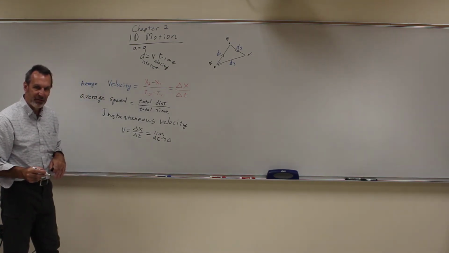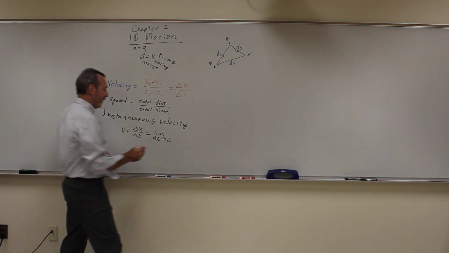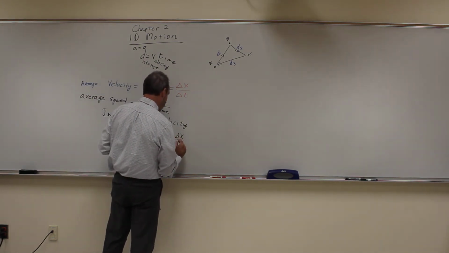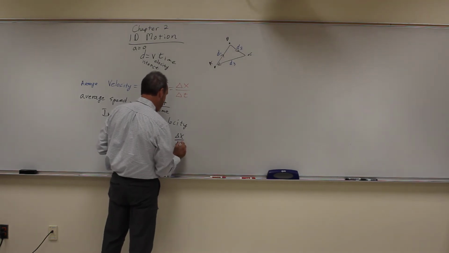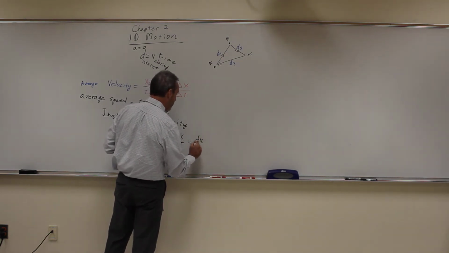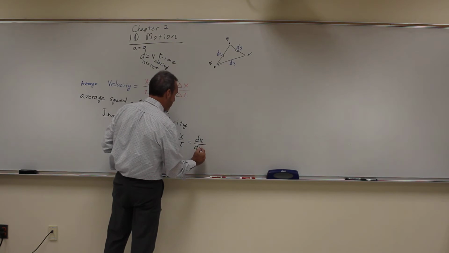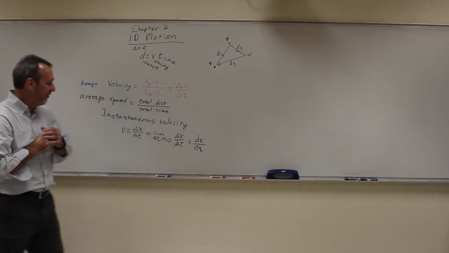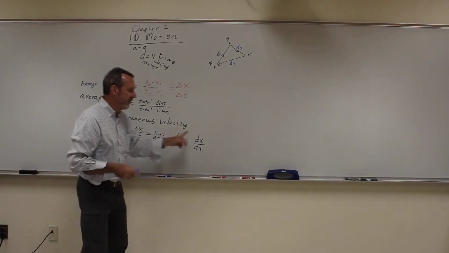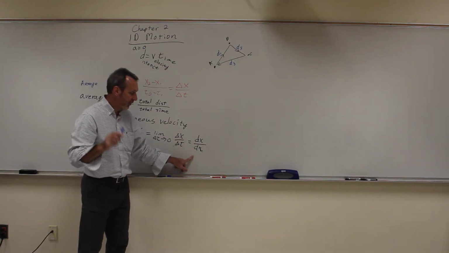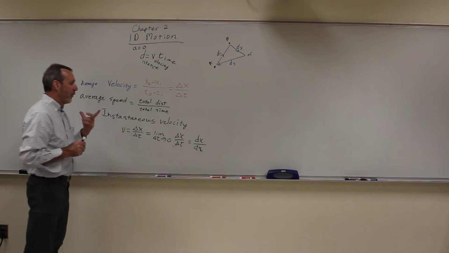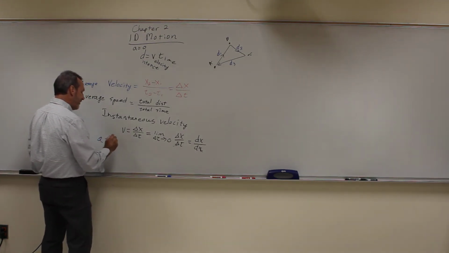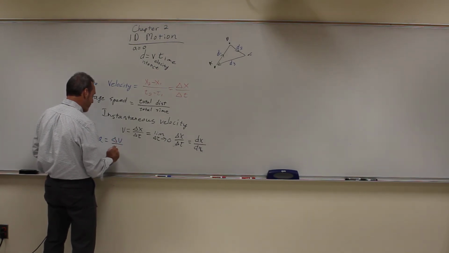It's the limit as delta t approaches 0 of delta x over delta t, and when you do that, this becomes a derivative, dx/dt. Okay? That becomes what we call the instantaneous velocity. We'll get back to that. What is acceleration? Acceleration is the change in velocity over change in time.